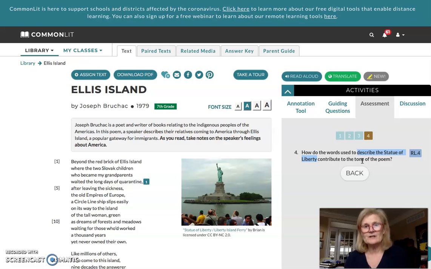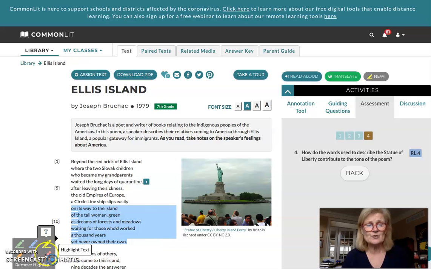So the first thing now I want to go back and do: I've read this poem multiple times by this time, so I want to very quickly focus on the words that are used to talk about the Statue of Liberty. They come where it says, "on its way to the island of the tall woman, green as dreams of forests and meadows, waiting for those who worked 1,000 years yet never owned their own."